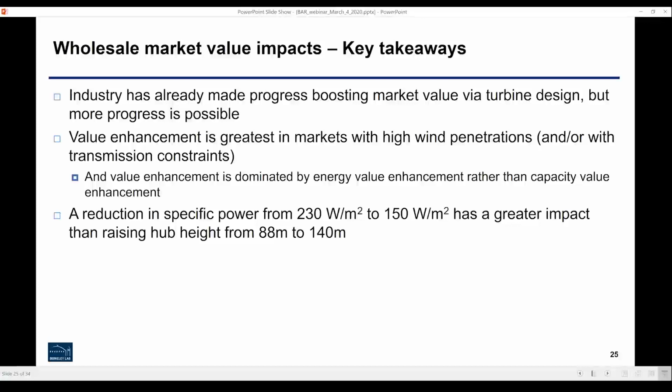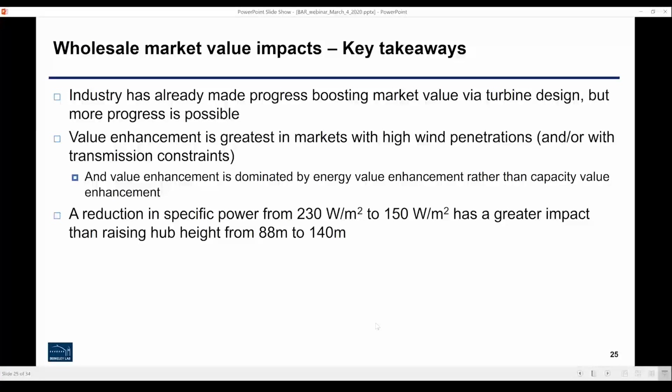The value enhancement is greatest with high wind penetrations, especially once you get close to that 20% level. It is also larger in regions with transmission constraints, like the northern part of ISO New England. Value enhancement was dominated by energy rather than capacity value, and the reduction in specific power had a larger impact than the increase in hub height.